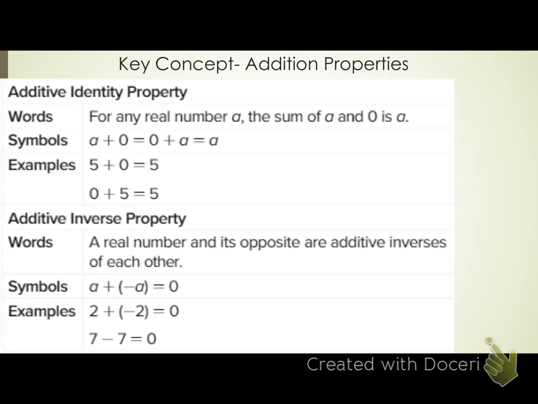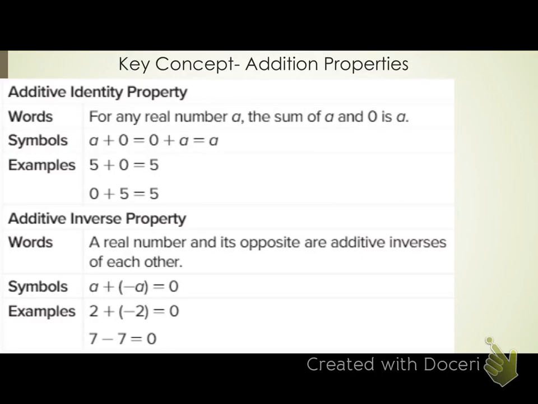So, here's 2 more properties for you. 2 more addition properties. We've got the additive identity property, which is what we just talked about on the previous slide. For any real number A, the sum of A and 0 is A. So that's it written out in words.